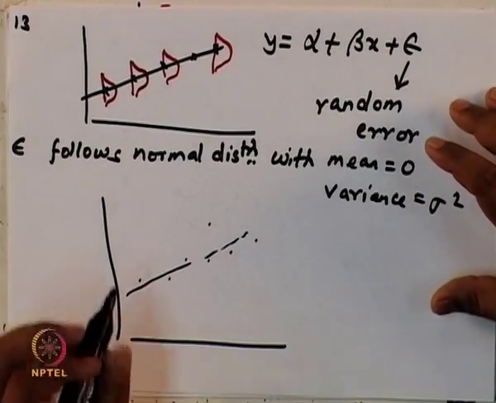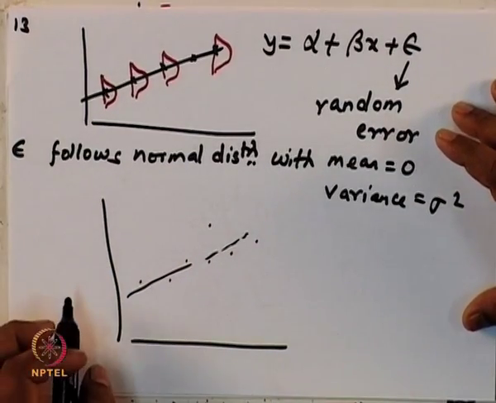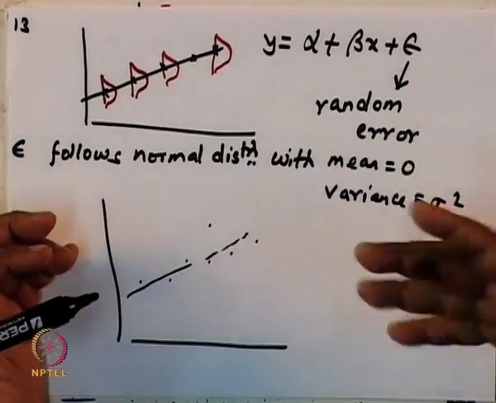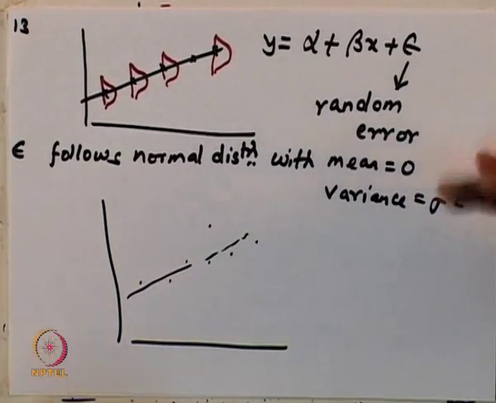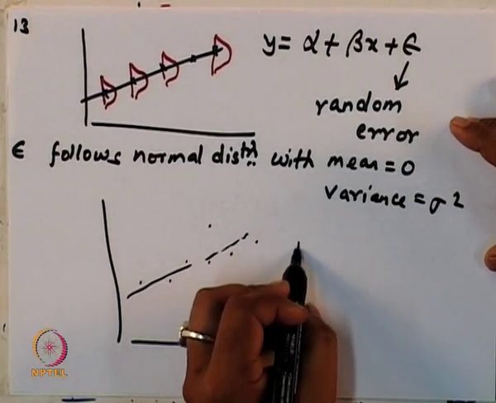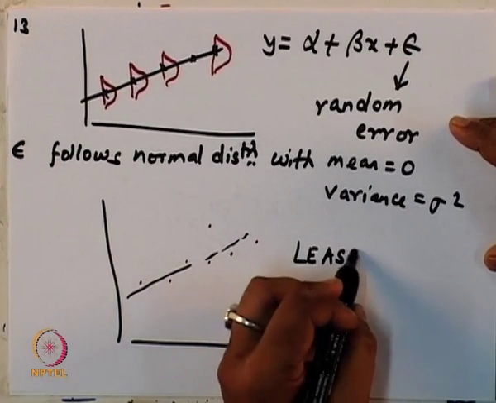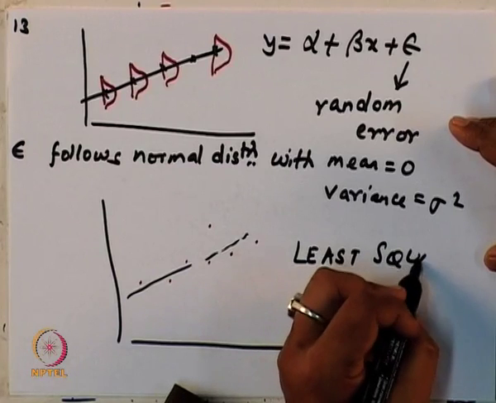And how do you find out? That also brings us to the question of what should be the final values of alpha and beta. As you have done earlier, you know that we use the least squares approach.